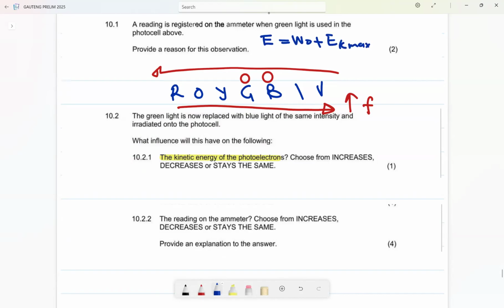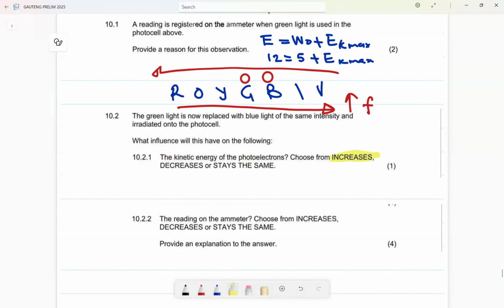Let's say the energy of green was 10 and the work function is constant at 5. Then the EK max is going to be 5. But let's use blue. Blue has a higher frequency, meaning higher energy. If this is 12, then can you see that my EK max is now going to be 7? It means the kinetic energy of the photoelectrons will increase.